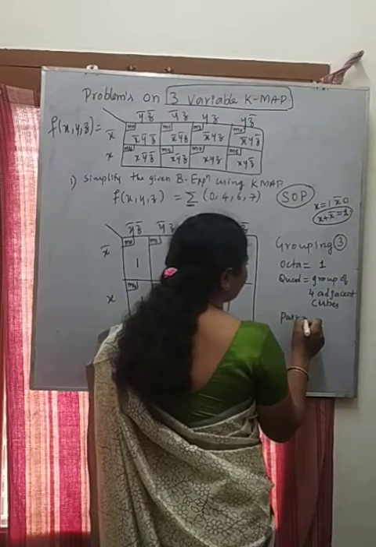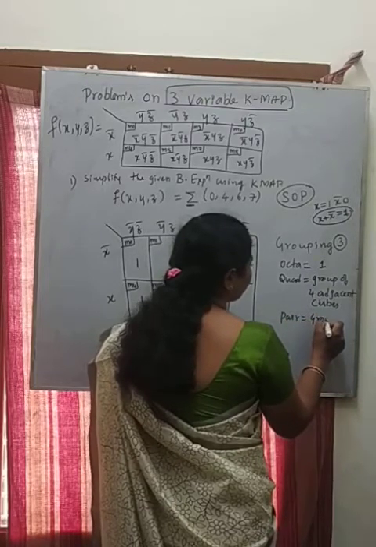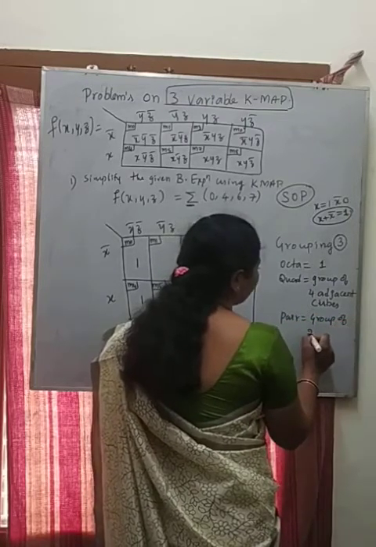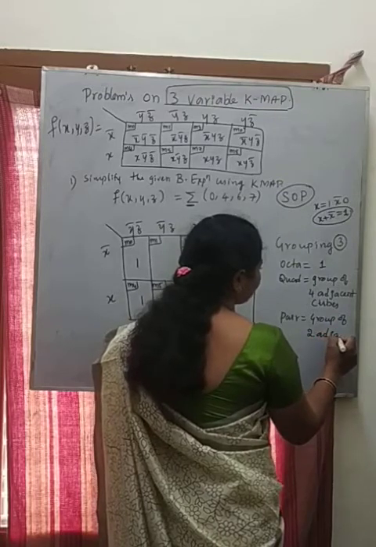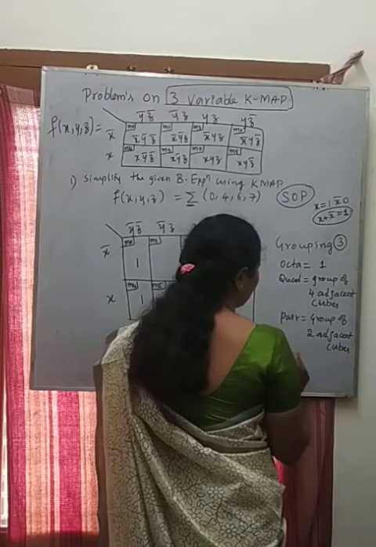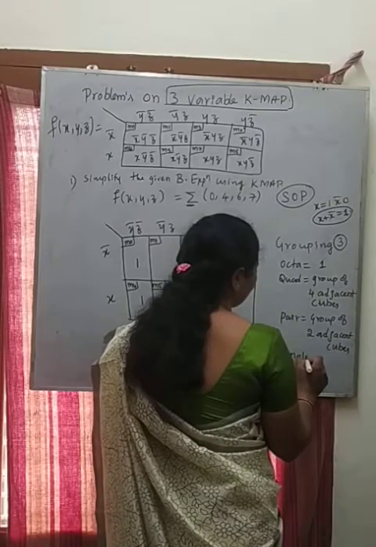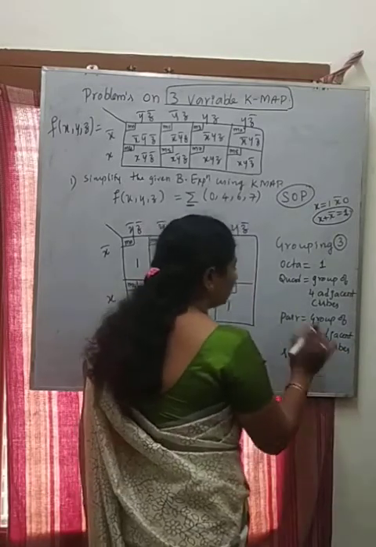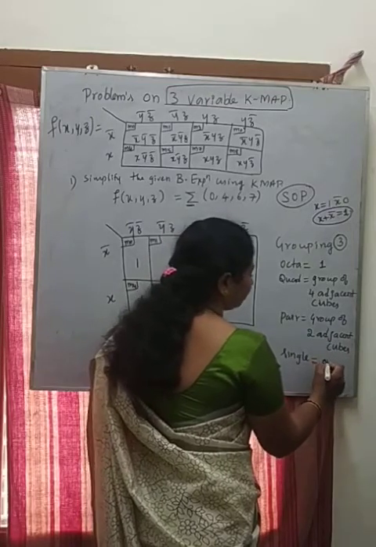Pair, a group of 2 adjacent cells or cubes. Another one is single, that means 1 cube.